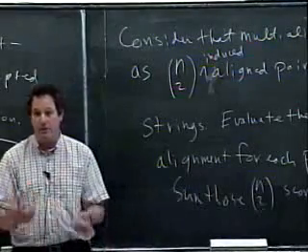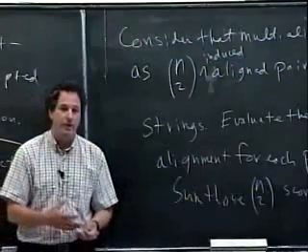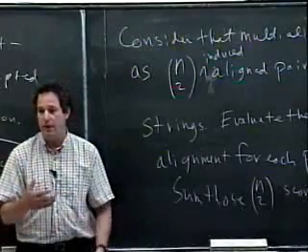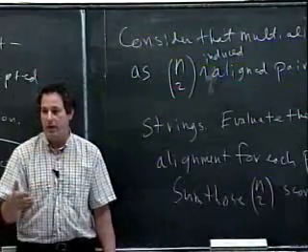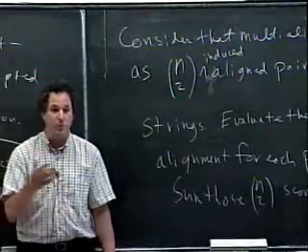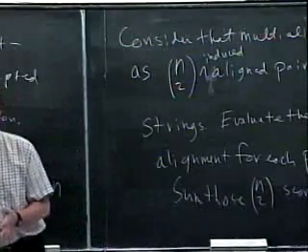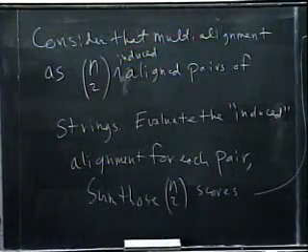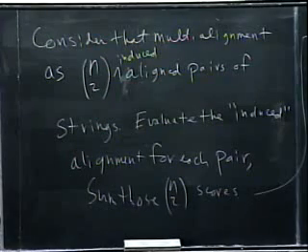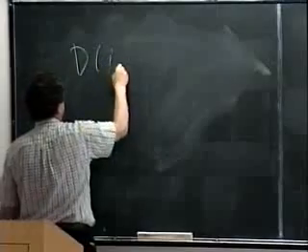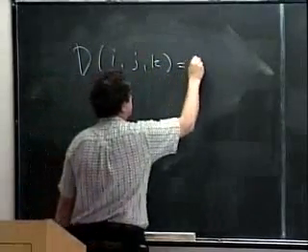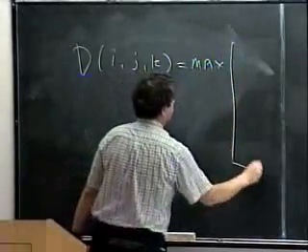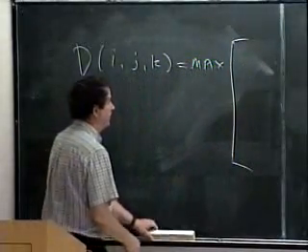And then we can write recurrences on how you can express that value for I, J, K in terms of values for smaller indices. For example, one possibility is that you line up the ith character with the jth character with the kth character. All right? So you would have, in the recurrences, D(i,j,k) equals the max or the min, whichever, over several possibilities. So I'm going to write those possibilities over here.